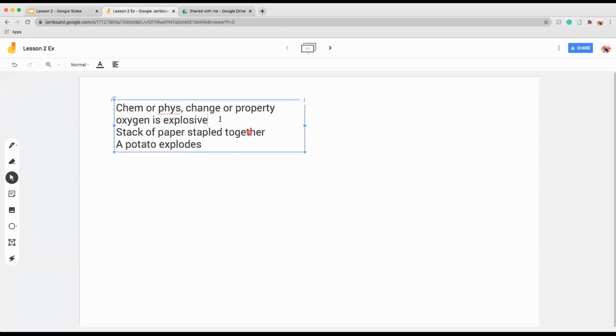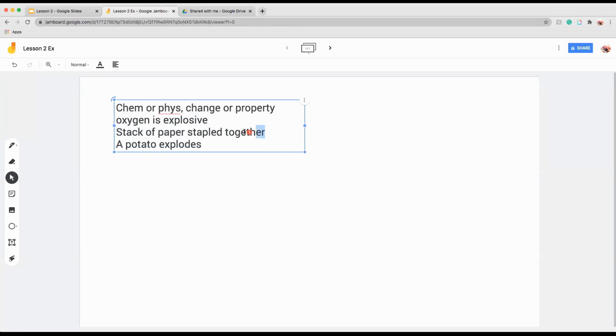So, how can you change this oxygen explosive phrase from a chemical property into something that represents chemical change? How do you explain this as a chemical change? There we go. Oxygen exploded? Yeah, that is correct.